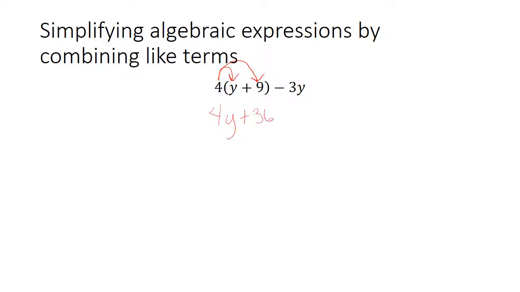We're going to keep this sign in front because this is a positive and this is a positive. So 4y plus 36 minus 3y. Now we can simplify it. 4y minus 3y is a single y. Remember, we don't need a 1 in front. Our 36 has nothing to combine with, so that is its lowest simplification.